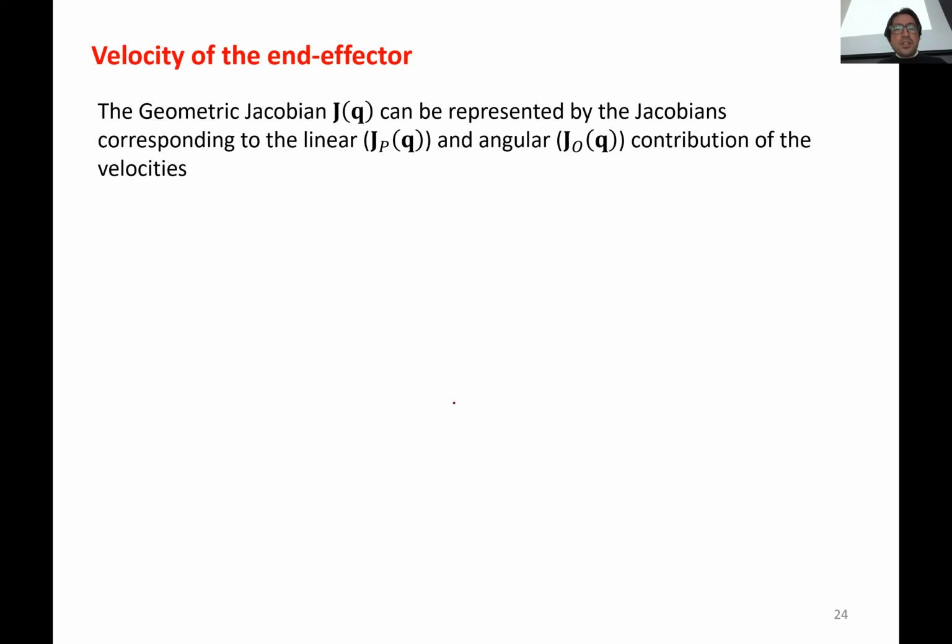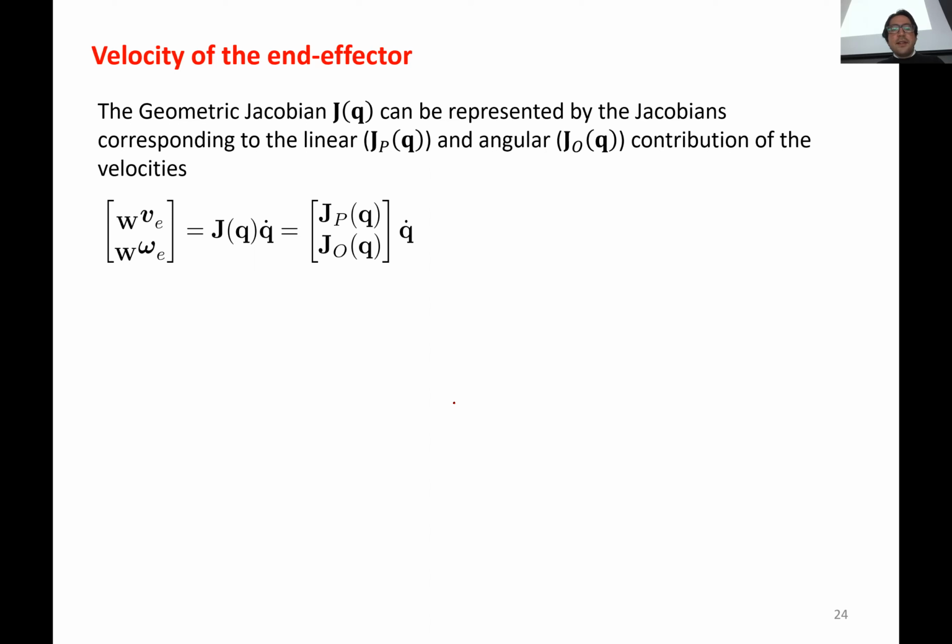The geometric Jacobian can also be decomposed into two parts, one corresponding to the linear contribution and the other to the angular contribution of the velocities. I don't know why in the Siciliano book they use P and O to talk about these contributions. I guess it's related to position and orientation, but because these are velocities I would prefer a different name, but I'm just using the notation they have there.